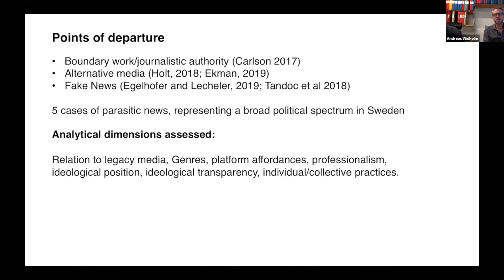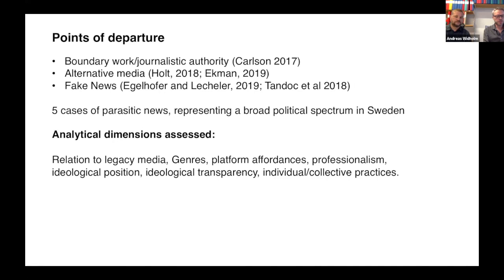Particularly important here is the notion that alternative media stands in opposition to the mainstream media, but also sometimes in opposition to the political establishment in a country, such as Sweden, which is the case here. A third strand of research is the increasing number of studies on fake news. Just like fake news, parasitic news try to imitate news in terms of form.